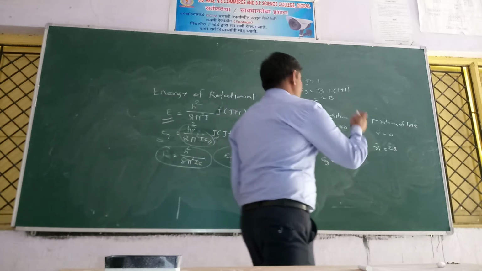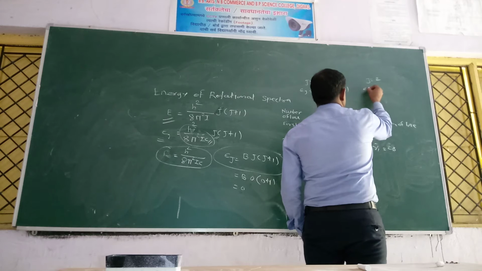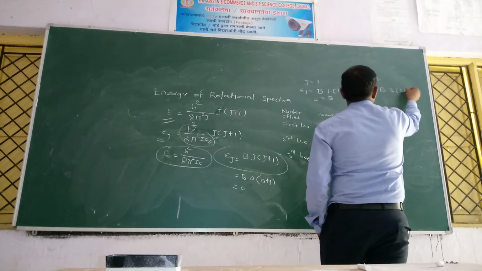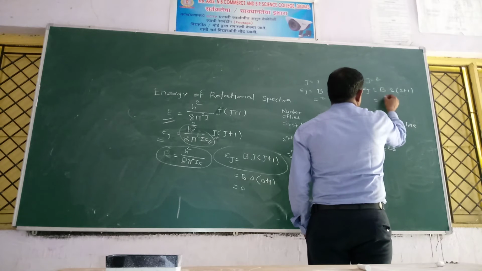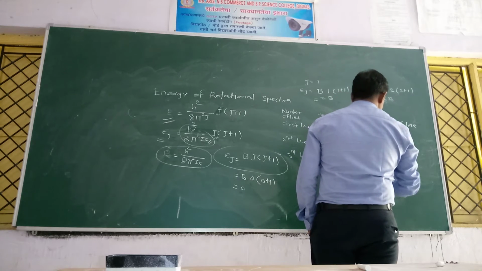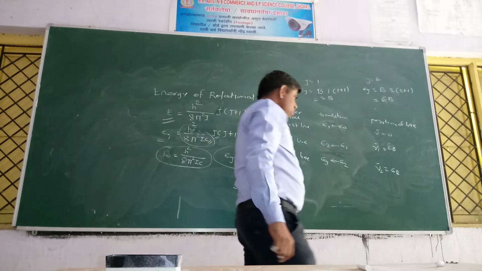Putting J is equal to 2, epsilon J is equal to B times 2 times 2 plus 1, we get 6B. Mu 2 bar is equal to 6B.